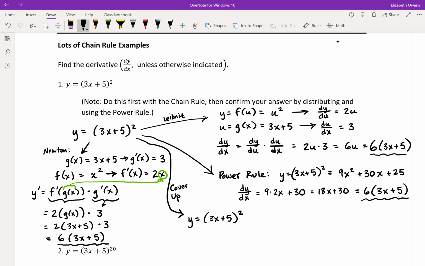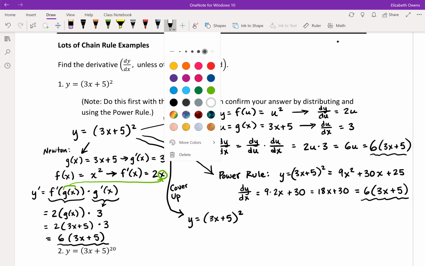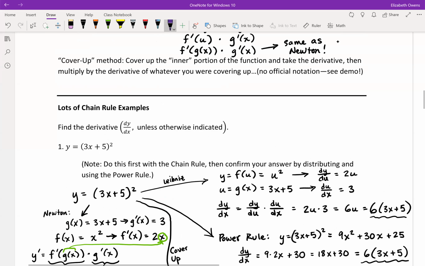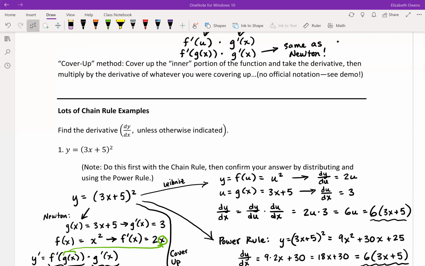And I am going to utilize some pens here to help with the covering up part. The description for this cover-up method says to cover up the inner portion of the function and take the derivative, then multiply by the derivative of whatever you were covering up.